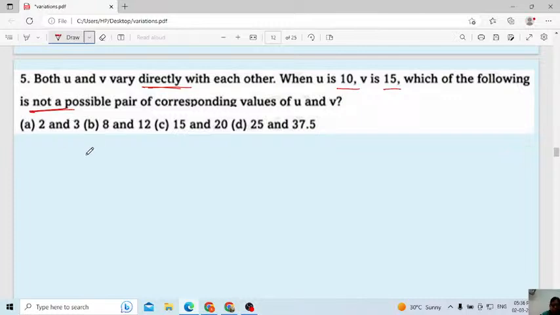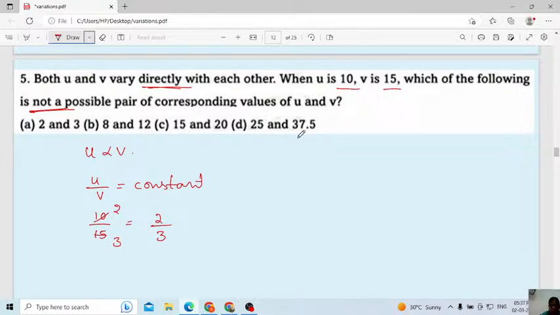See, here what they are telling, U is directly proportional to V. What is meant by that? U by V will be constant. Then they have given one value here, 10 by 15. Cancel. What ratio will you get? 5 2s are 10, 5 3s are 15. The ratio will be 2 by 3. Check, anything that does not satisfy this condition.